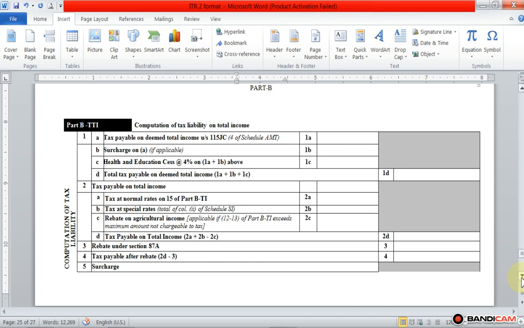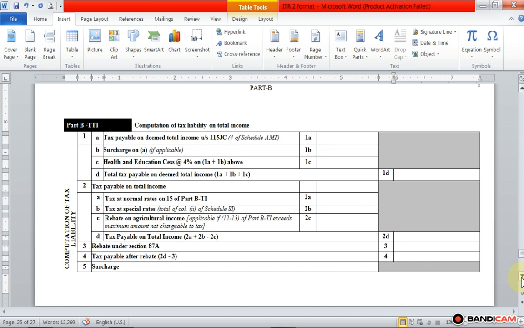Then the second part is tax payable on total income. Tax payable on total income includes tax at normal rate, meaning the applicable rate, on total income. We compute the tax liability on total income and put the figure in column 2A. Then part B, tax at special rate, goes in column 2B.